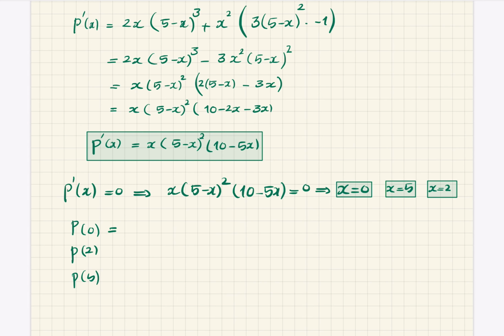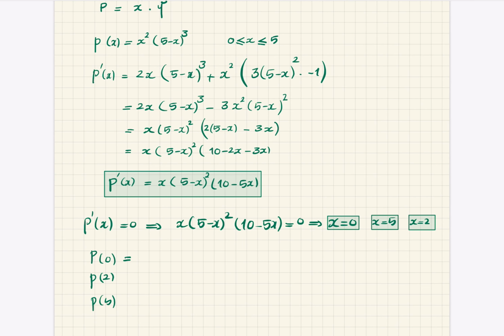Of course, this is your target function. P of 0 is 0, P of 5 is also 0. So you need to calculate P of 2. P of 2 is 4 times (5 minus 2) to the 3, which is 108. Yes, 5 minus 2 is 3, yeah, that's correct.